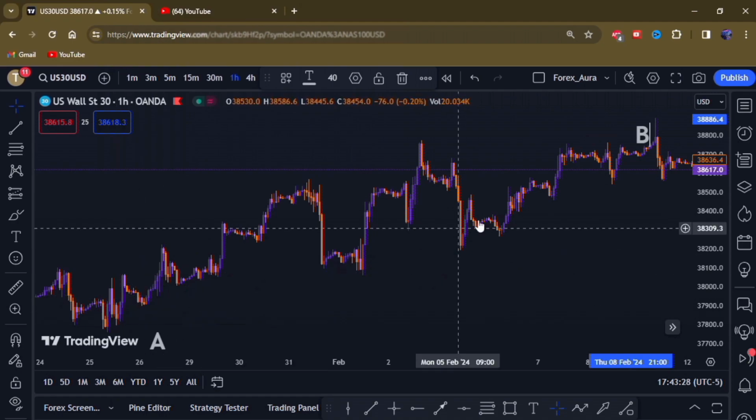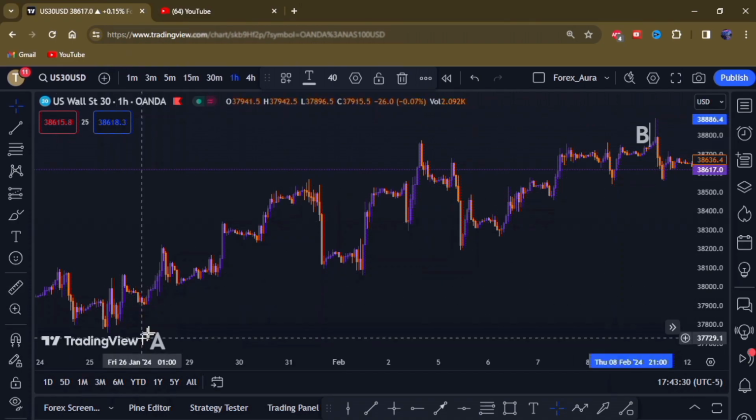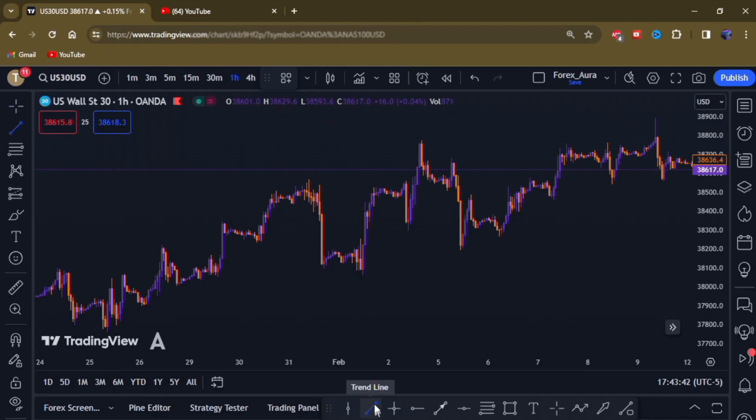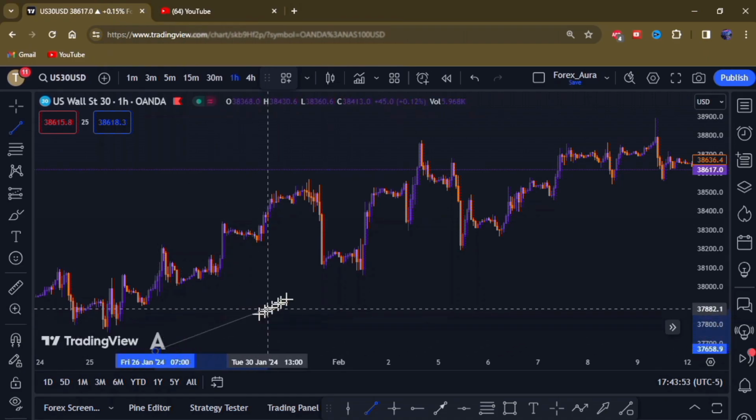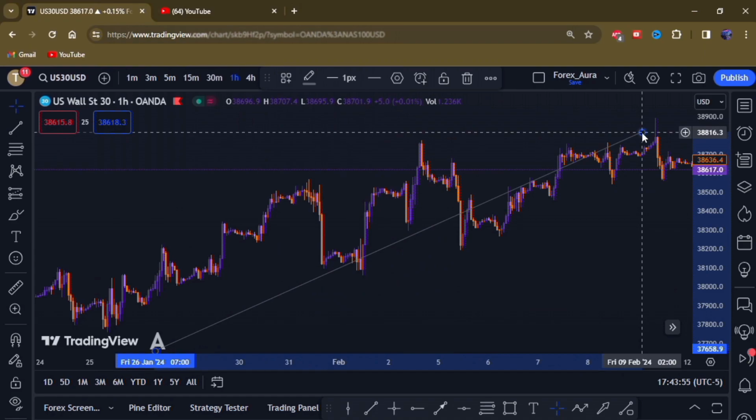How was I going to see that the market moved from point A to B? Checking it out, there's a trend. We have a trend which is a buying trend or a bullish trend, where the market moved from point A to point B.